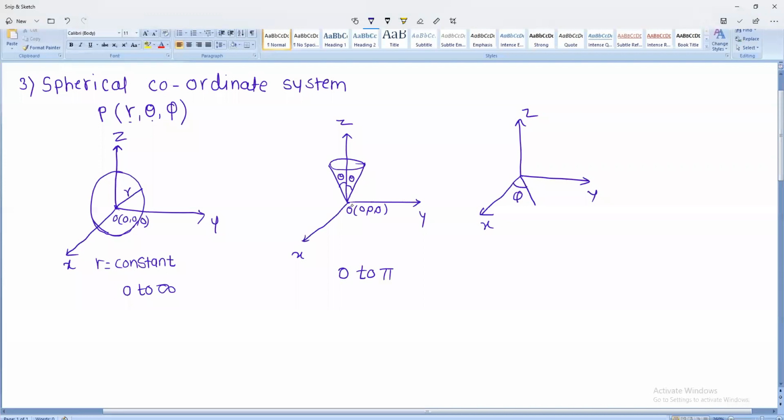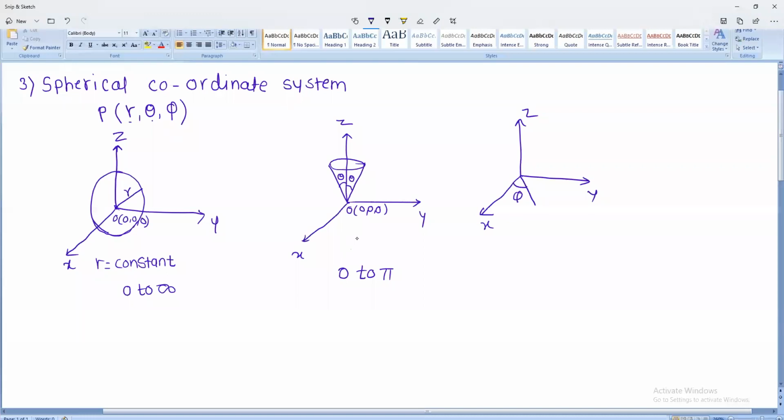Why to pi? Because if we take the minus z-axis, then this angle comes towards the minus z-axis, and the left side angle also comes towards the minus z-axis. It means there is a rotation of only 180 degrees, that is pi.